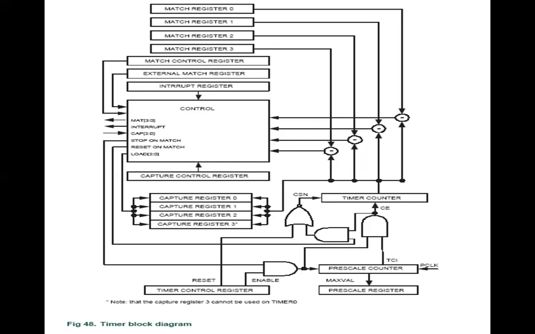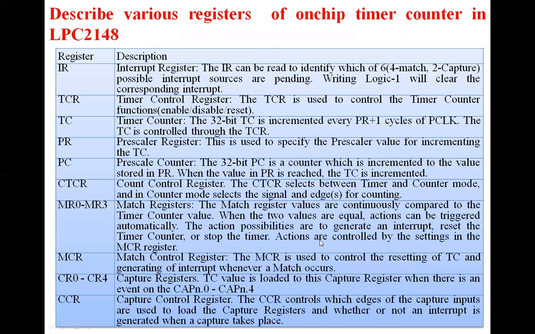Okay, now here actually whenever you are going to handle this timer and counter, you should know the basic concept of all these registers and the timer and counter. Okay, so you should know how many registers are present and what will be their work. So that's why I have given briefly the register name and description, then later on I am giving the purposes of these registers.